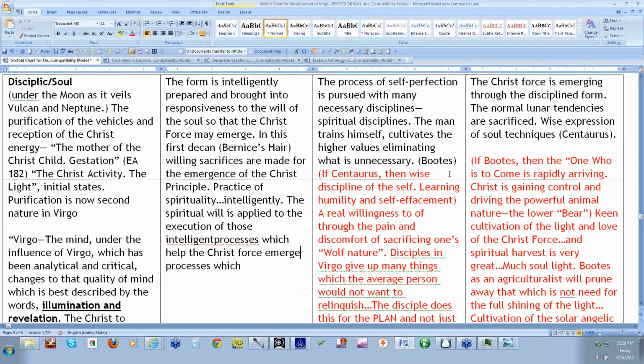So willfully, will is being applied with intelligence, and there's a Mercury and Neptune combination here, I would say.